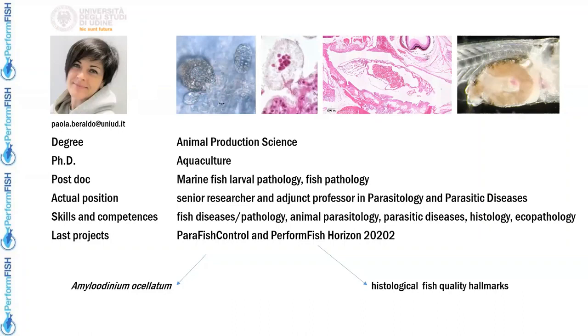I must admit that as a zootechnician, having learned to see and understand with histology the effect of a nutritional or management choice has been very useful for my work, also managing a histopathological diagnostic survey for fish farmers, feed producers, and privates.